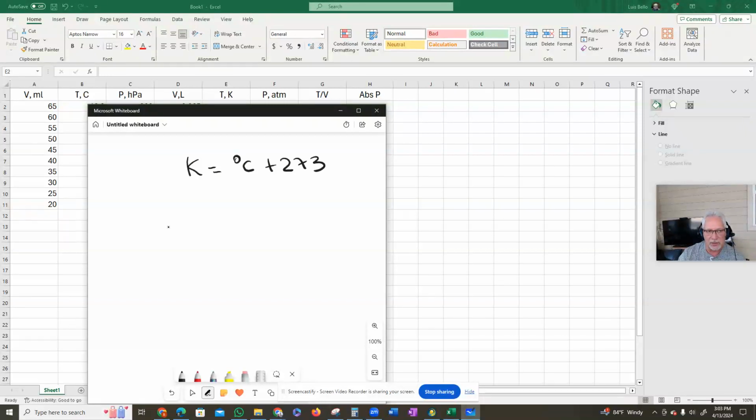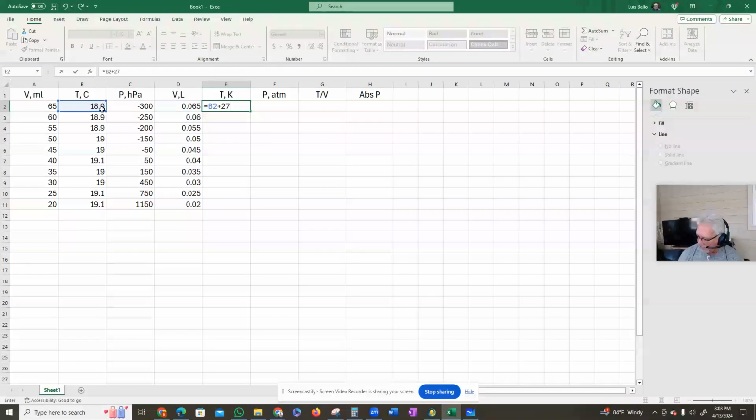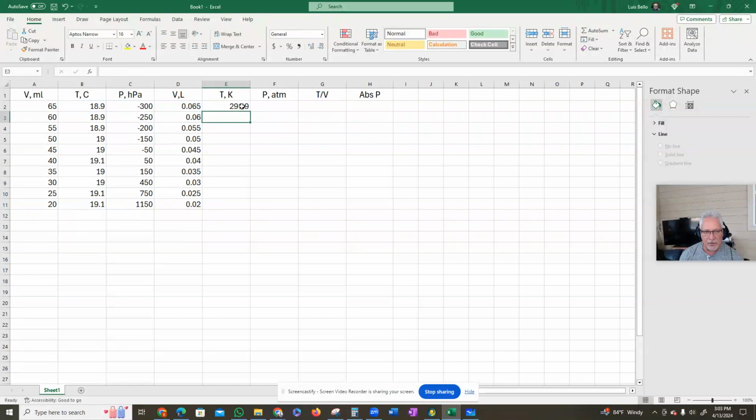So I need to add 273 to any of these temperatures that I have here. So equal to this temperature plus 273, right? And then I'm going to drag the formula down, so automatically Excel will calculate the formula.